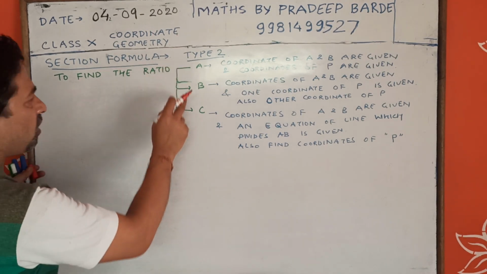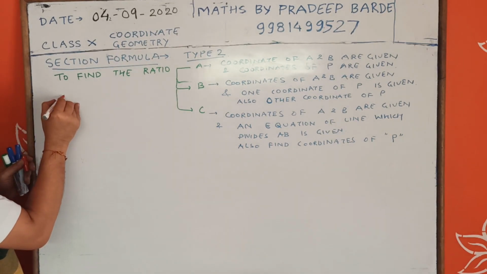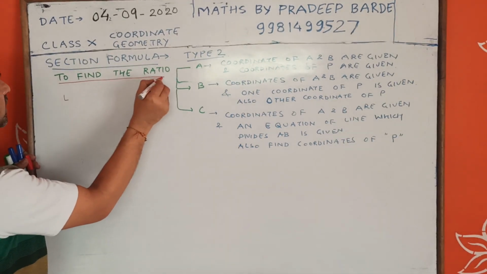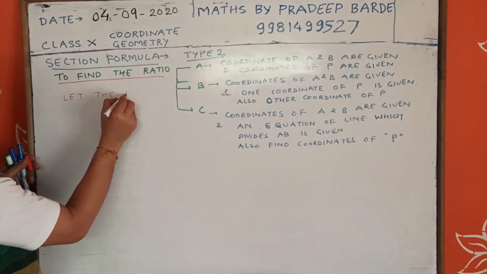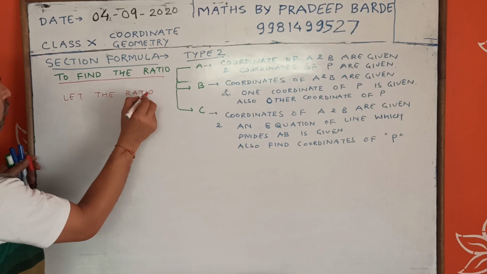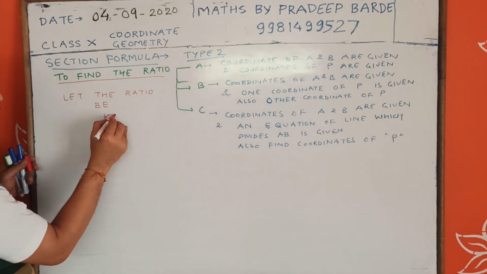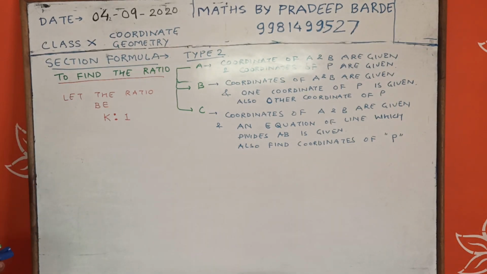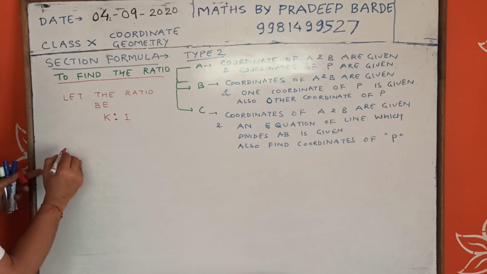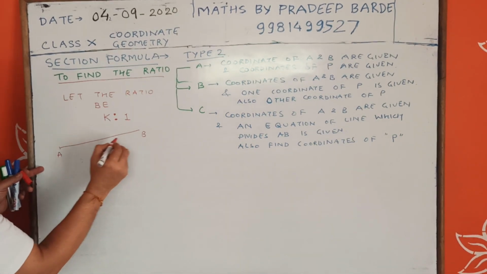So to solve all these three varieties of questions, we'll always start the solution, जहां भी आपको ratio find करना है, we'll be taking, let the ratio be k:1. बच्चों k:1 हमने इसलिए लिया है क्योंकि यहां पर देखिए आप A और B के कोऑर्डिनेट्स आपको मालूम है.